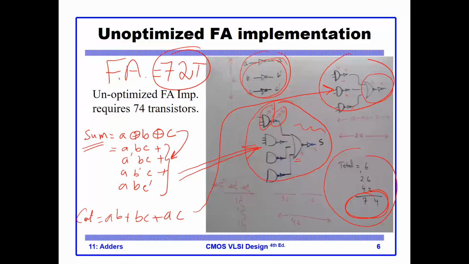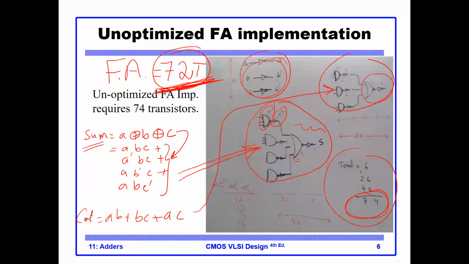That is a lot. In the next few slides, what we'll attempt is to minimize this number as much as we can. 72 transistors is no good. We are trying to minimize the number of transistors required to implement a full adder, because the adder is so basic and fundamental in digital design.